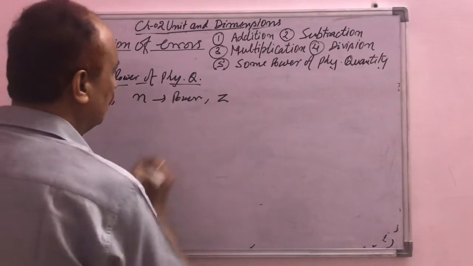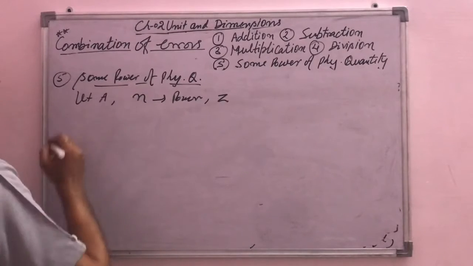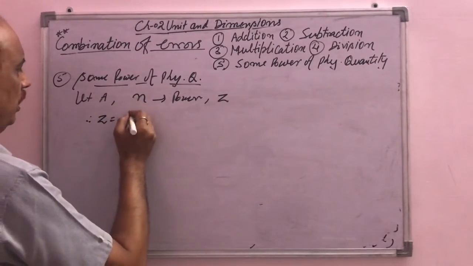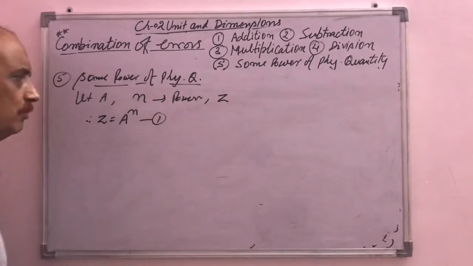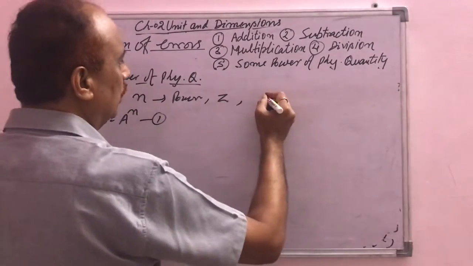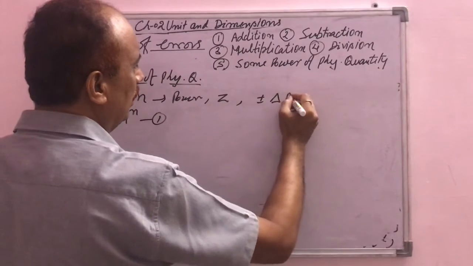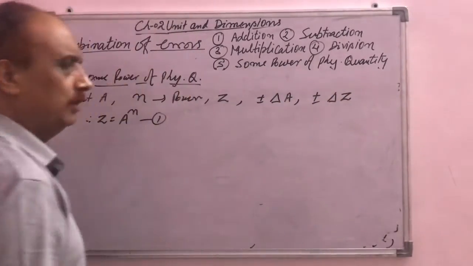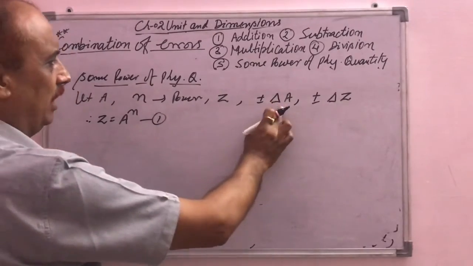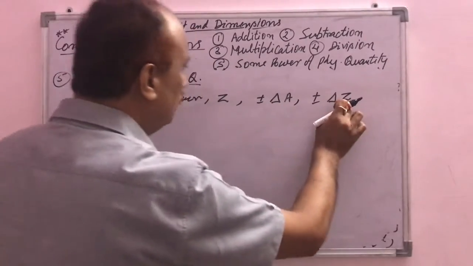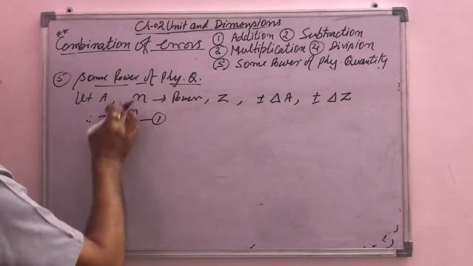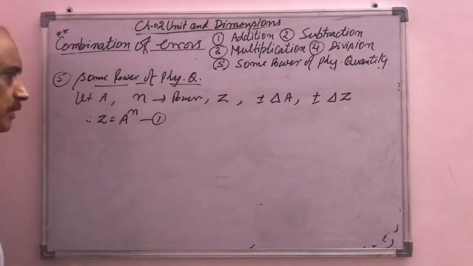Let Z be the result after taking that power N of A, therefore Z equals A to the power N, equation number 1. But plus minus delta A and plus minus delta Z will be the absolute errors in the quantity A and in the result obtained by taking the power of the physical quantity.